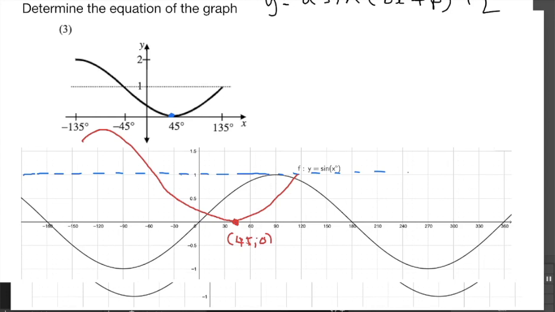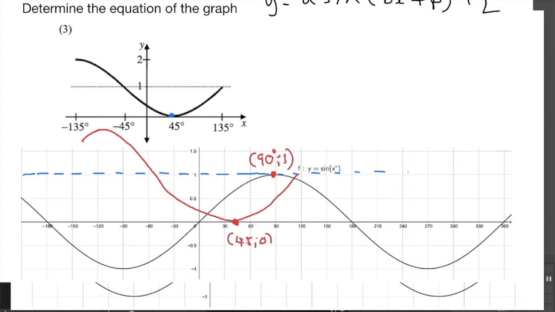Now, this is the thinking process that I would have to go through. Looking at the graph of sine x and comparing it to the graph that is red, I notice the turning point for the graph of sine x is at 90 degrees, 1. There are so many turning points, but I just need to pick one.